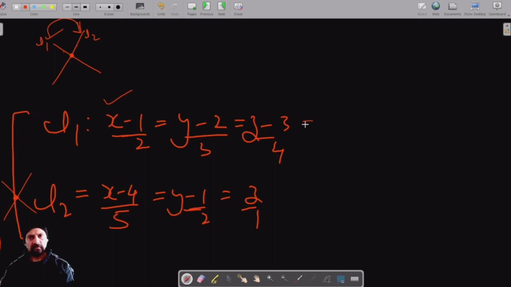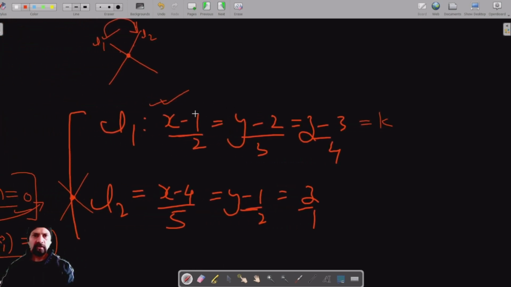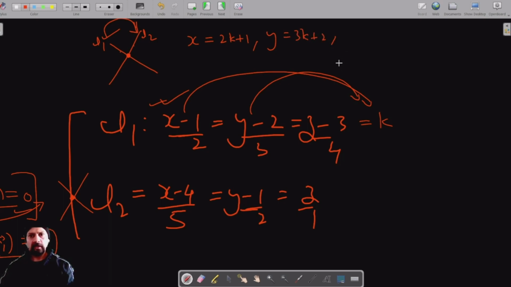Let's say line 1's ratio is equal to k. Equating this with k gives x equal to k plus 1, y minus 2 over 3 gives y equal to 3k plus 2, and z is equal to 4k plus 3.